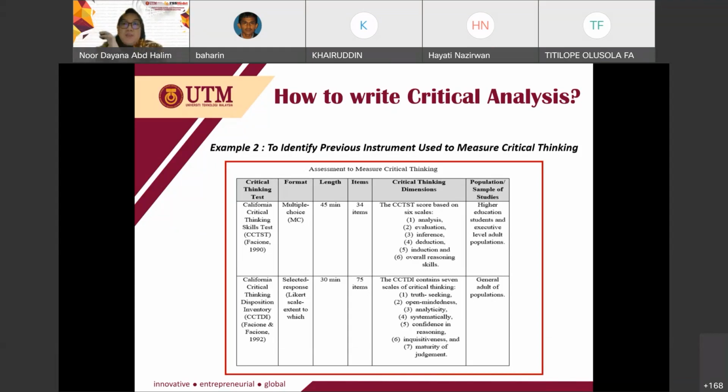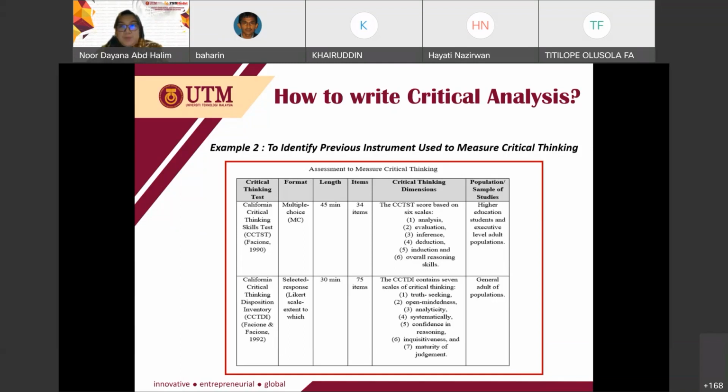Maybe her study involves higher education students, not school students, and the instrument is actually used for a discussion format, because Dr. Nadwa did some discussion in Facebook. She wants to measure the critical thinking among the students, so she needs to find the instrument that is suitable for online discussion, for higher educational levels, and also for the online setting. Those are the things that she needs to think about.